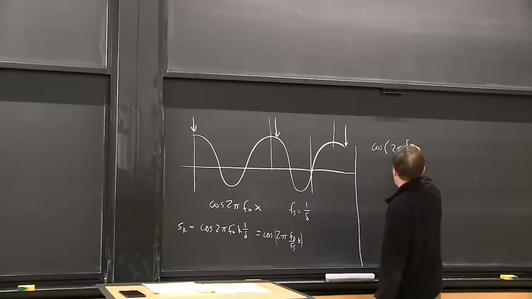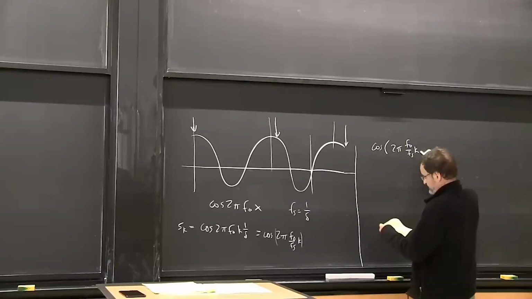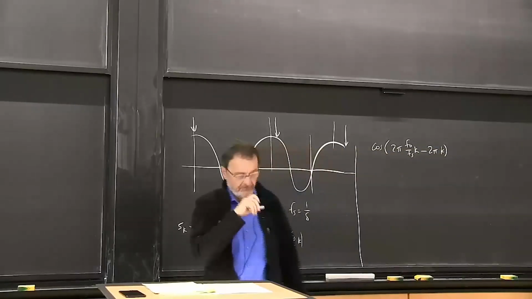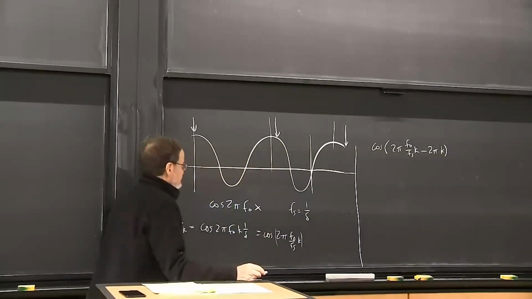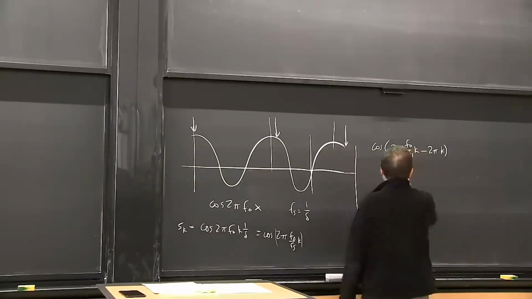So for example, do I want to add or subtract? It's going to be easier if I subtract. Those are still going to be the same samples, right? Because I've just changed the phase by some multiple of 2 pi.